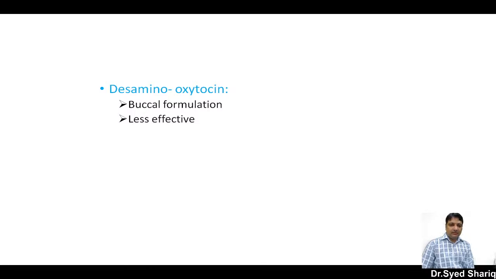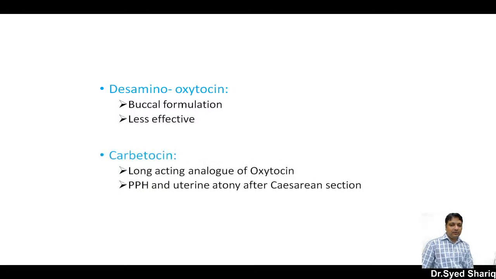Now there are other oxytocin preparations which are present. One is the buccal formulation, which is quite less effective. This is desamino oxytocin, and there is one more, carbetocin, which is a longer acting analog of oxytocin, which decreases the necessity of the IV infusion.